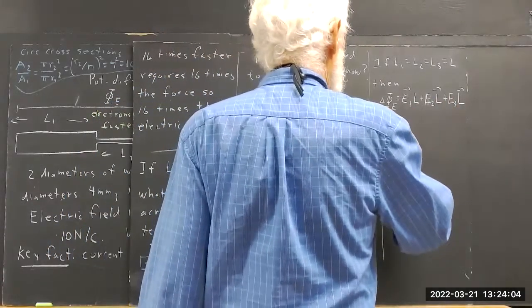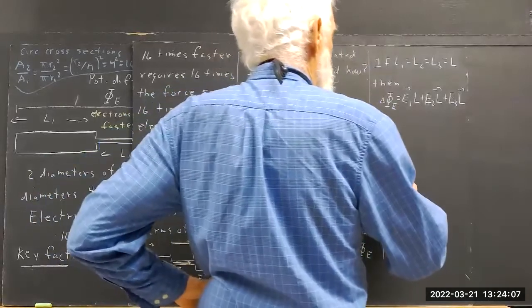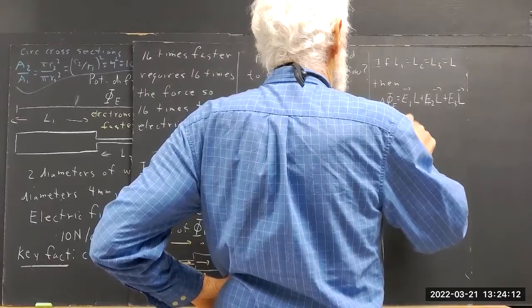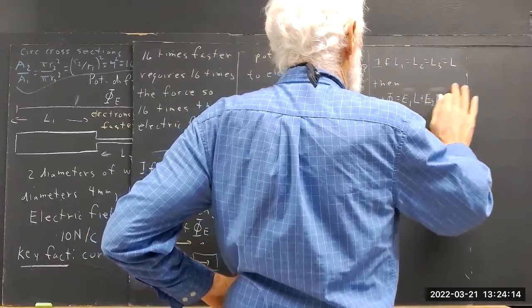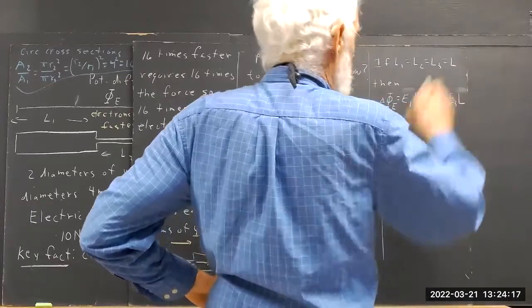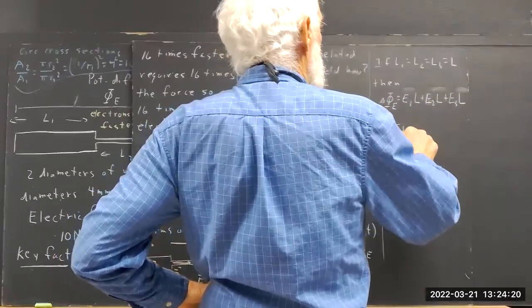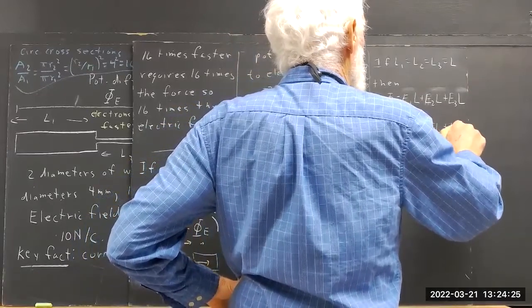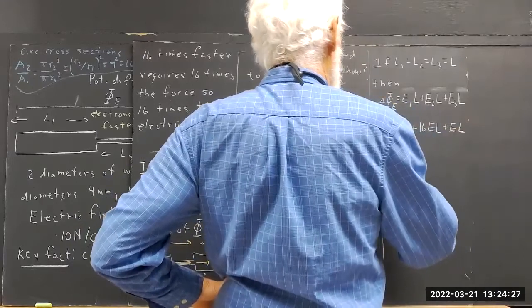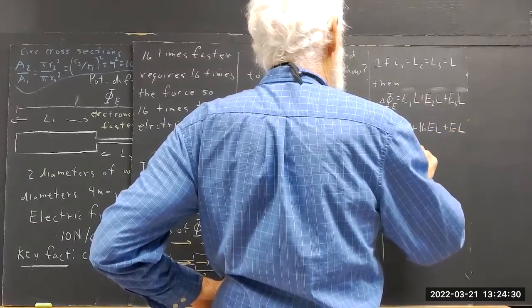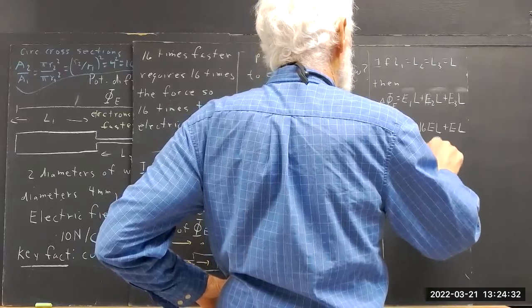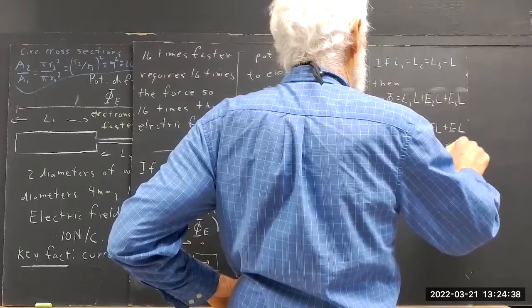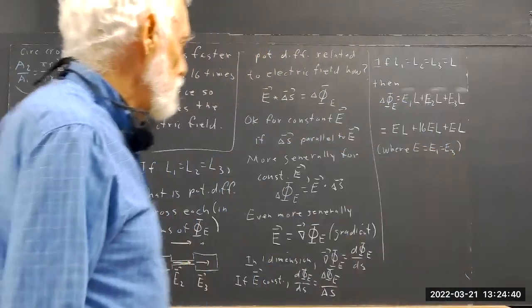Well, then this equals, I'm not going to put the vector over L, we're just going to write EL, where E is equal to E1, which is equal to E3.